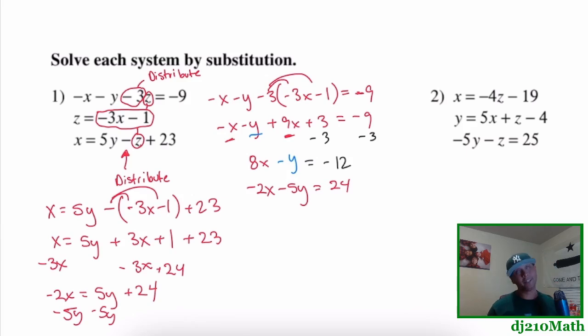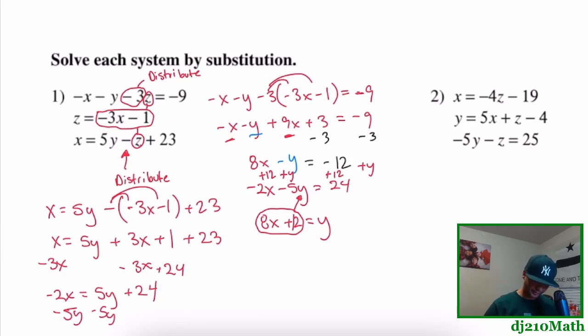I mean, to be technical, we want to keep substituting. So I can add y to both sides, and then I can add 12 to both sides. So really, we're going to get 8x plus 12 is equal to y. Then I'm going to substitute this into here, into the y.